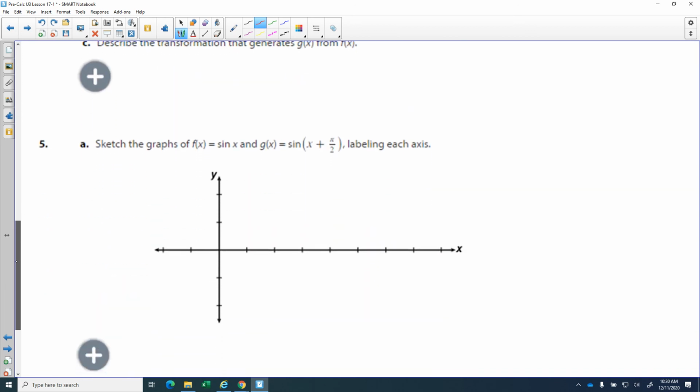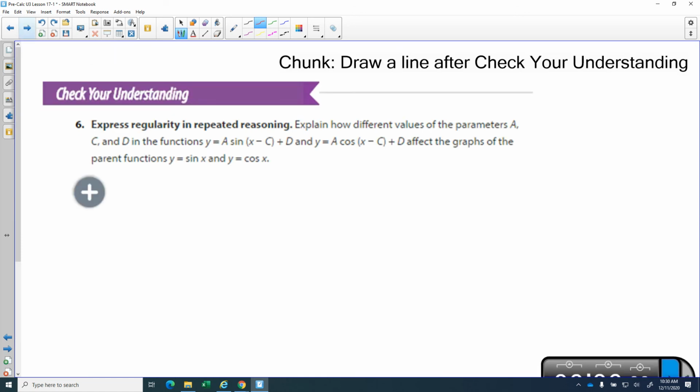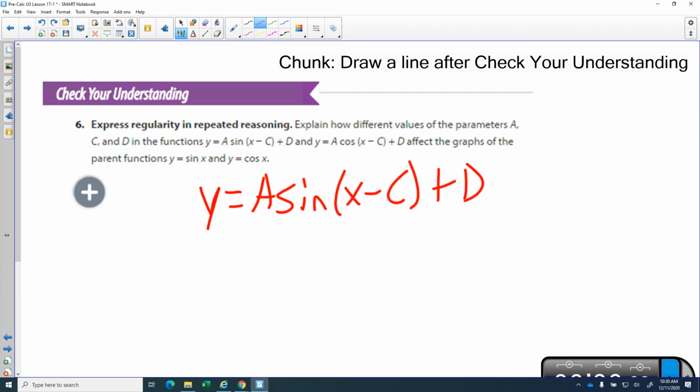So when it talks about parameters, we always talk about creating parameters. What are these values going to do? In this particular case, it says, what does parameters A, C, and D do to this graph? Because eventually we're going to have these equations of A sine of X minus C plus D. The three that we specifically talked about today are A, C, and D. And you're probably wondering, there's no B in there. Well, B is something we'll talk about a little bit differently moving forward.